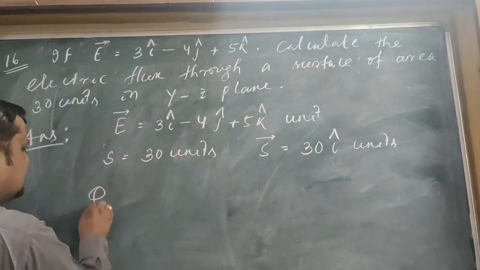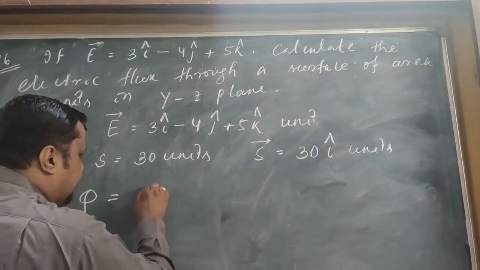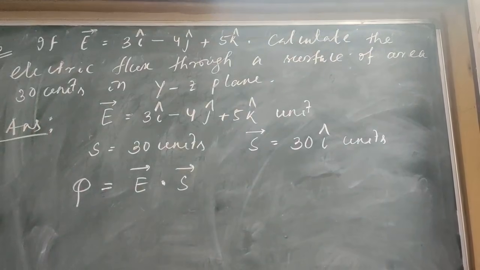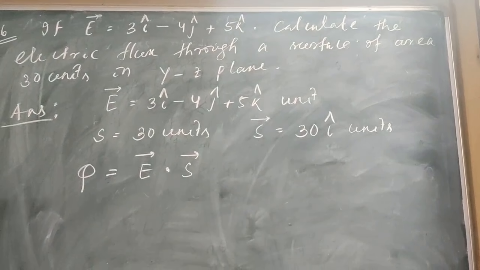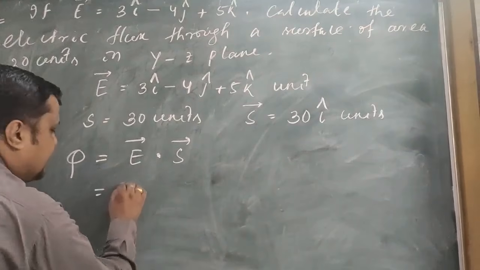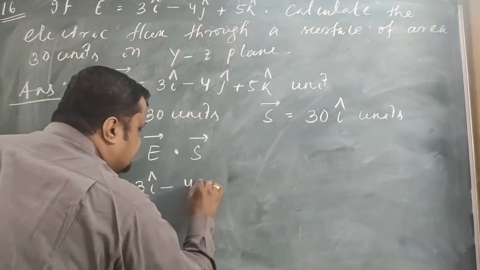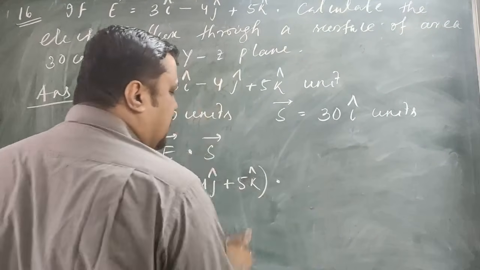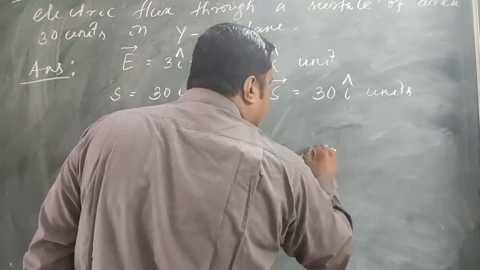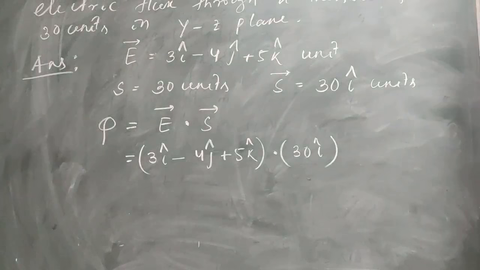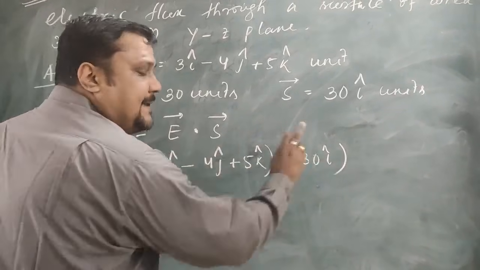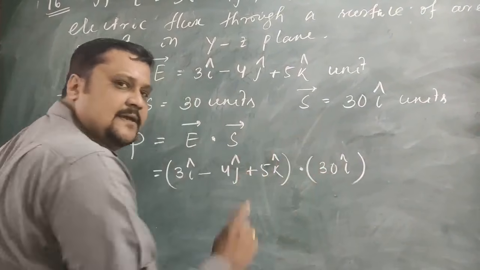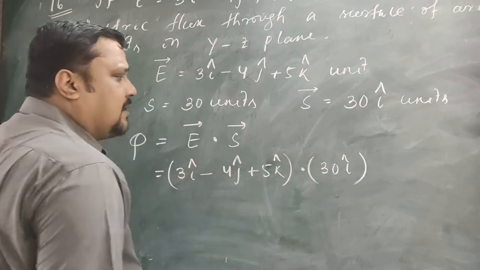Now go to the formula for flux. Electric flux phi is equal to the dot product E dot S. As you know, this is equal to (3 i cap minus 4 j cap plus 5 k cap) dot 30 i cap. In the dot product, i dot i is 1, j dot i is 0, k dot i is 0.